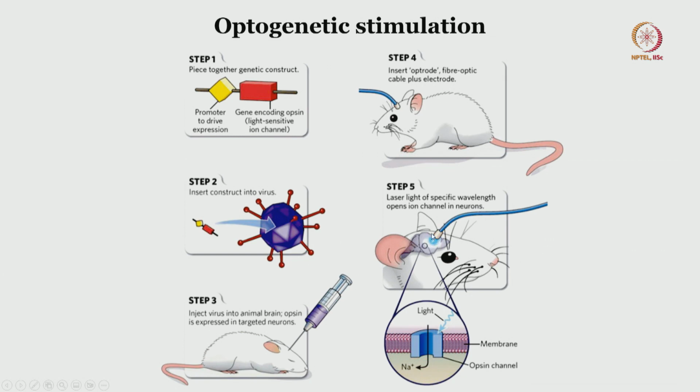So once you do that, a laser light of specific wavelength opens the ion channel in neurons and it fluoresces. So that gives the action potential which will be picked up by that particular electrode. So that is the whole idea of having an optogenetic stimulation, where you control the behavior of the target based on the stimulation.